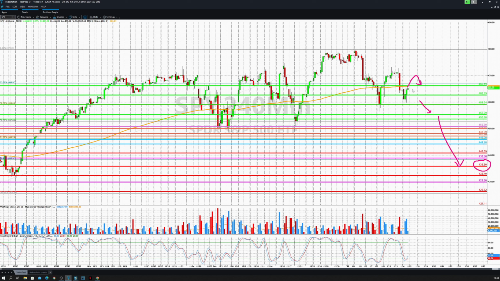So it might push to the 464 again, someplace here, 462, bounce and then push up. It's one scenario. In the longer term, it will reach the 469, and from that point I will look for a short.